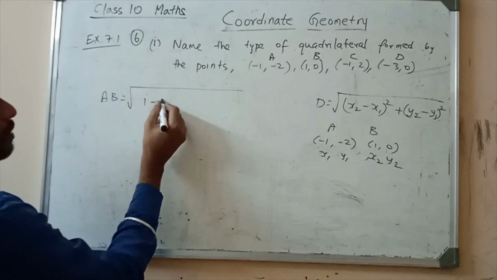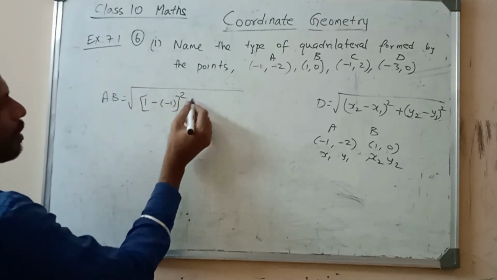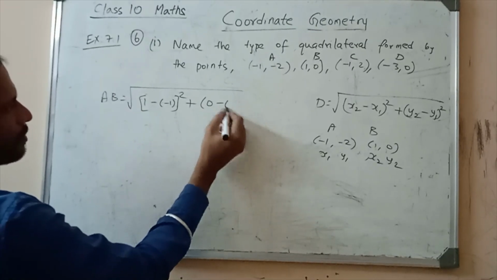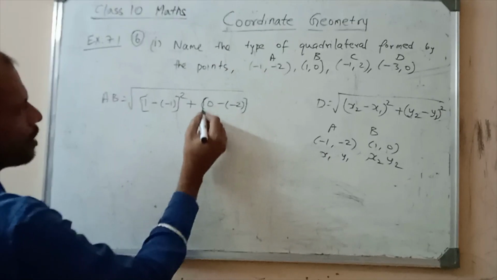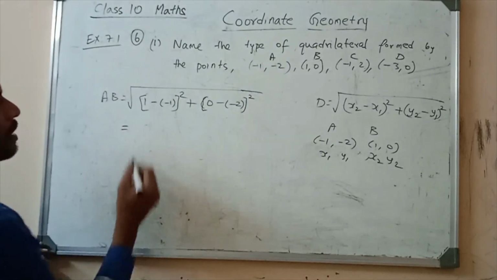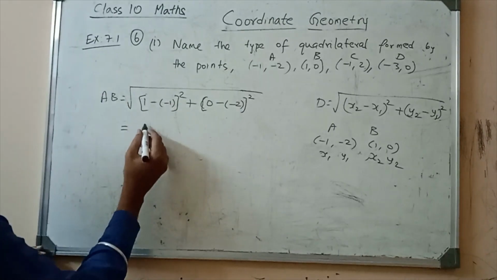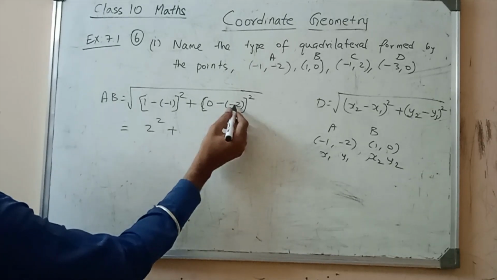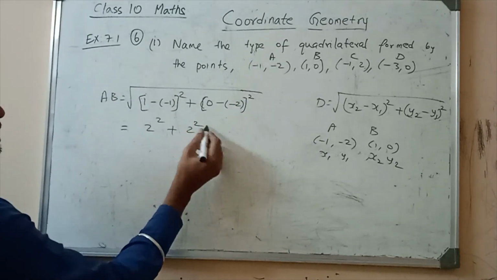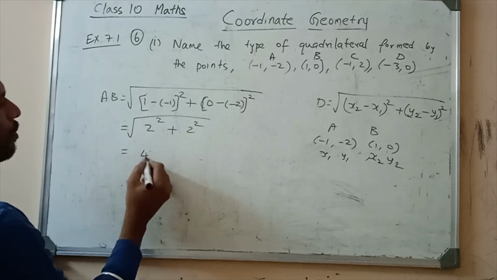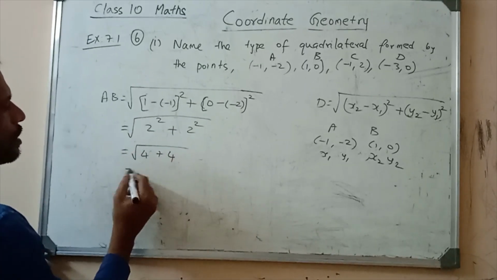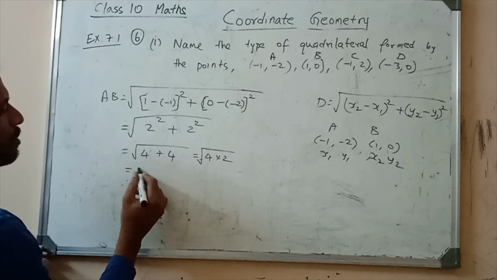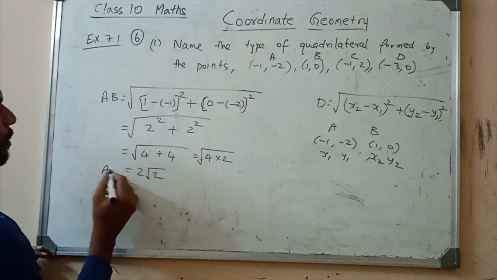So 1 minus of minus 1 the whole square plus y2 minus y1, y2 is 0, y1 is minus 2, whole square. That is 1 minus of minus 1 is 2, 2 square, plus here minus into minus is plus 2, 2 square again. So we get 4 plus 4, which we can write as 4 into 2, root over 4 into 2, root 4 becomes 2, so 2 root 2 is AB.